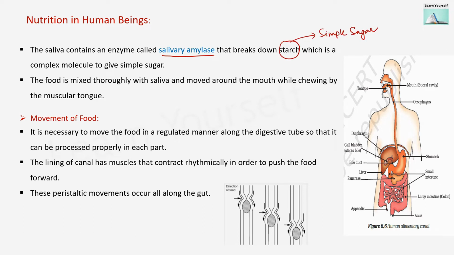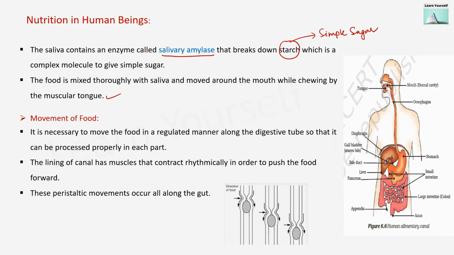So digestion process starts from the mouth or buccal cavity. The food is mixed thoroughly with the saliva and moved around the mouth while chewing by the muscular tongue, and that's why we say that we have to chew our food properly so that the saliva will thoroughly mix with the food. So the starch will break down into simple sugar.